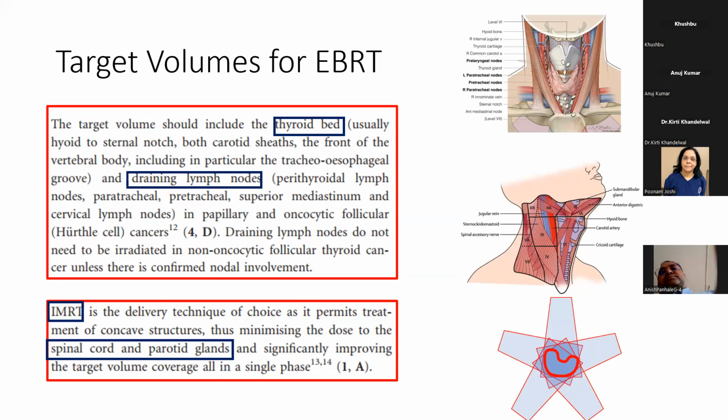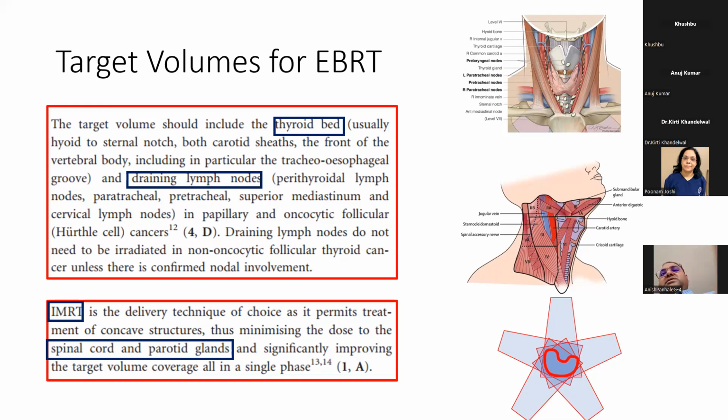That is, usually we start from the hyoid to the sternal notch, both the carotid sheaths, the front of the vertebral body, including the tracheoesophageal groove, and the draining lymph nodes. We have already mentioned the first echelon and the second echelon groups. Those lymph nodes are the pre-tracheal, paratracheal, pre-laryngeal, the upper mediastinal and the lateral cervical nodes, depending upon their involvement.